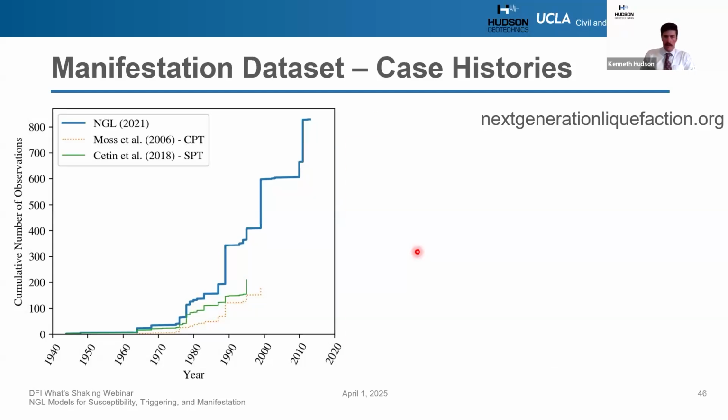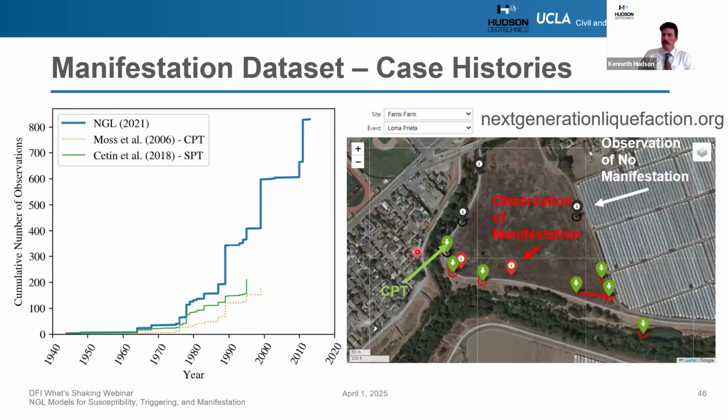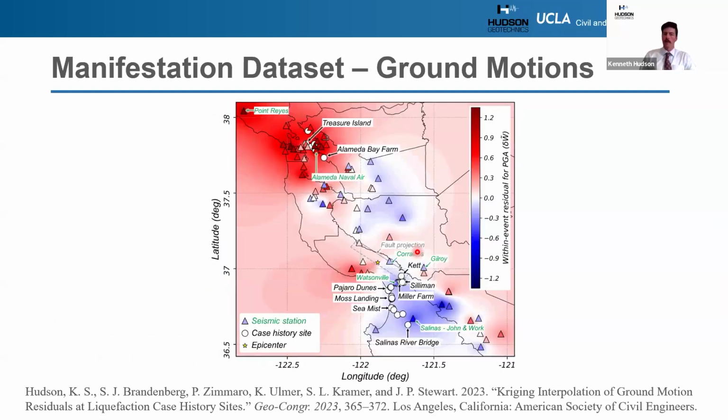You guys saw a plot similar to this before, but basically our NGL database has these sites where we have in situ tests, observations of manifestation, and then we also estimate the ground motion intensity measure at those locations, which we actually spent a fair amount of time coming up with a new technique for estimating. We do some kriging interpolation on the ground motion residuals at the liquefaction case history sites.